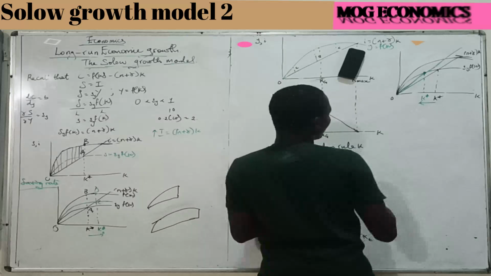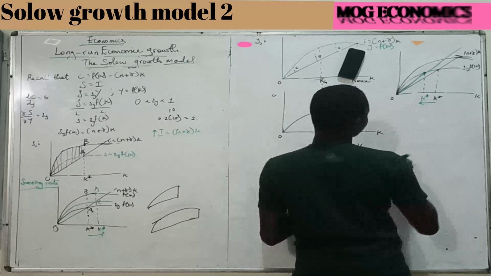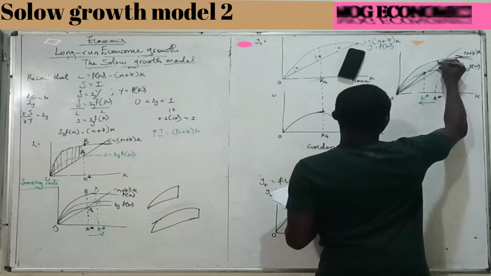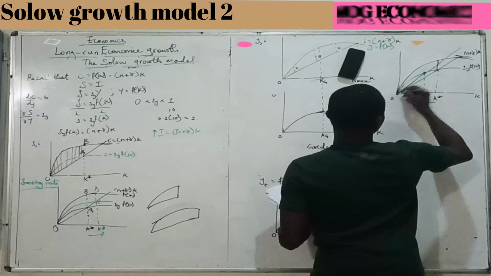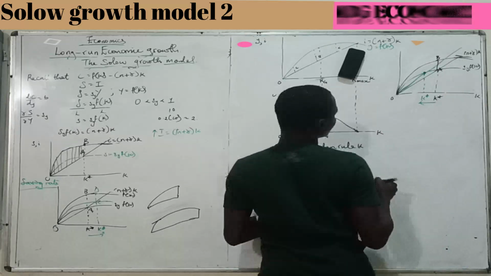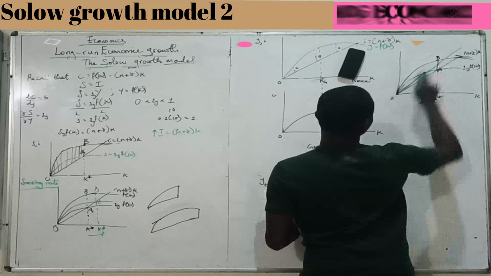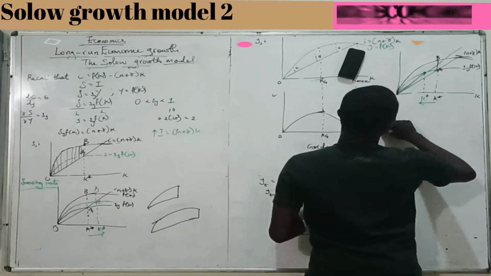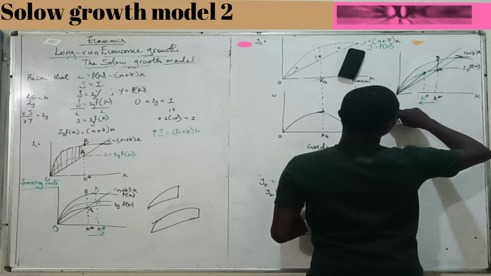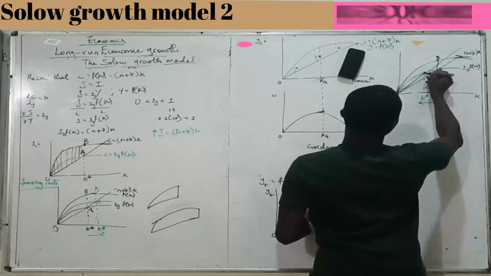So initially, consumption was everything here. Maybe OAB initially was consumption. But now consumption is this, and this is the new investments.